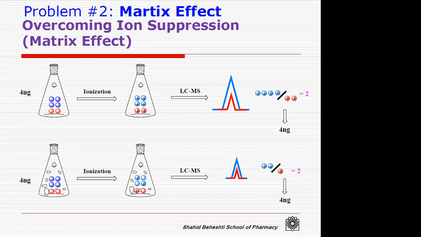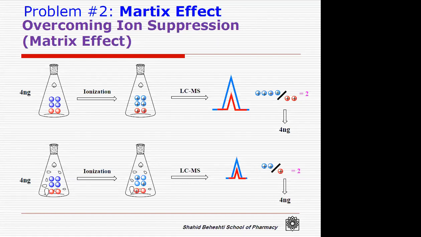From the 4 nanogram of the natural phenylalanine, just half of them are ionized. That means 2 out of 4 are ionized. Since the labeled phenylalanine, the red ones, have the same solubility, same proton affinity, and same extractability as the natural phenylalanine, the same thing is going to happen to the labeled phenylalanine.